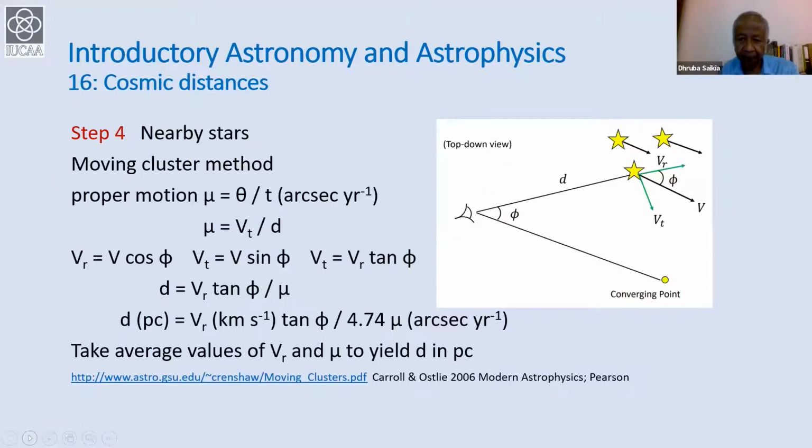Now let's look at the little bit of algebra that we will do to try and get an expression for how we get the distance. The proper motion, as we mentioned, is mu equal to theta upon t.